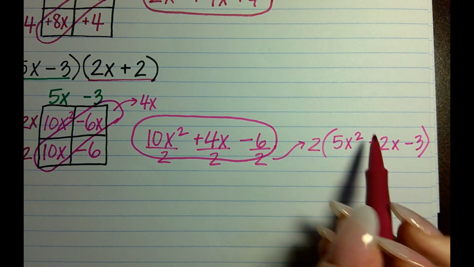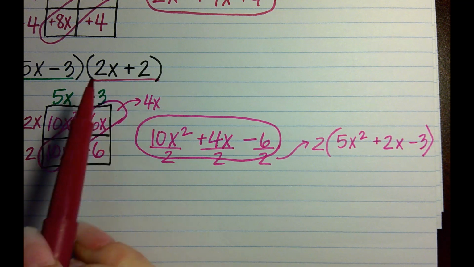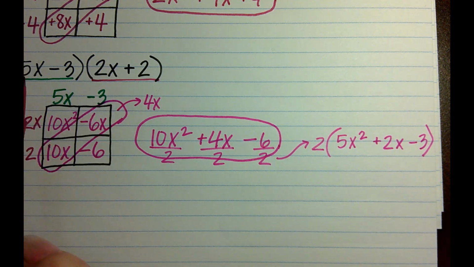It's not exactly what we started with because we are now looking at two binomials. Whenever we take out the greatest common factor, we're not going to get quite all the way back to our original problem, because we have not learned how to factor completely yet. That is a very long process and it's more of an Algebra 2 topic.